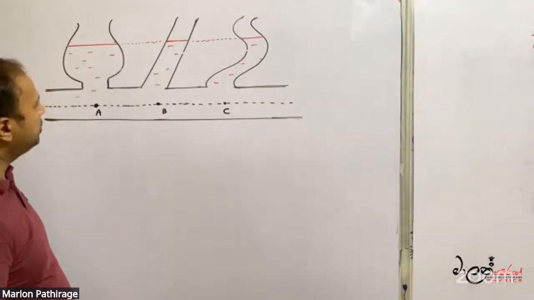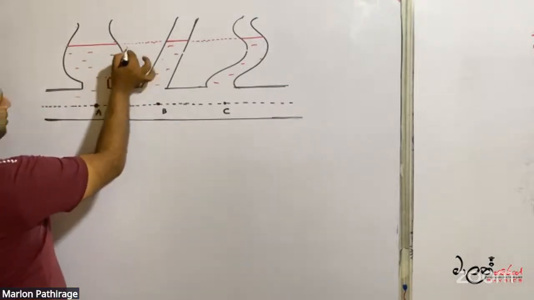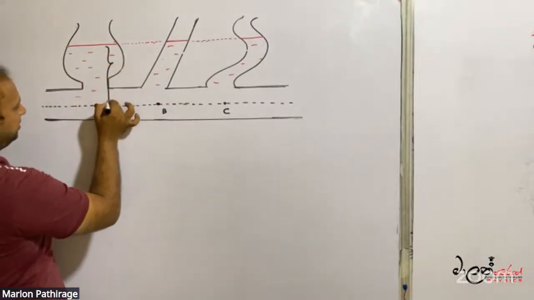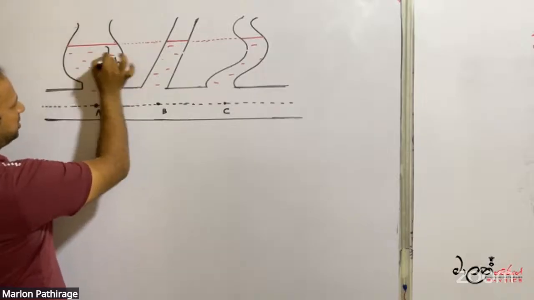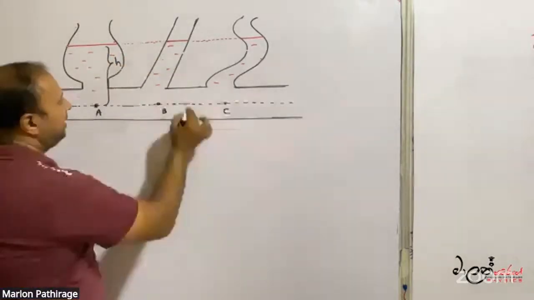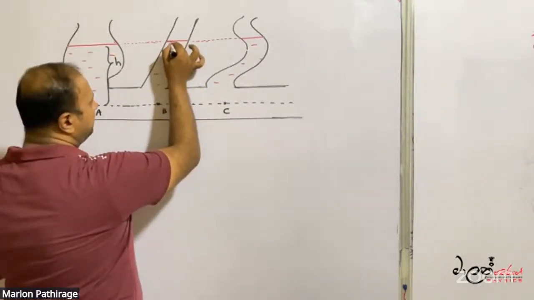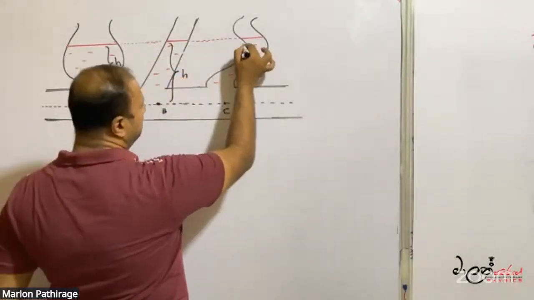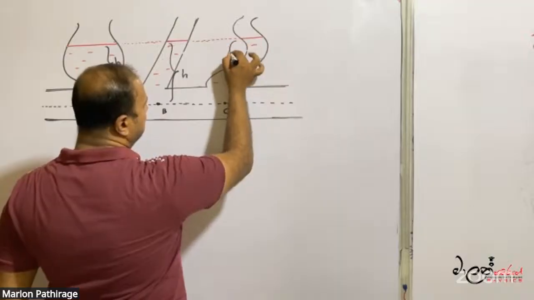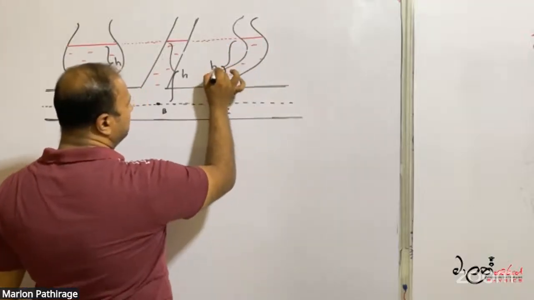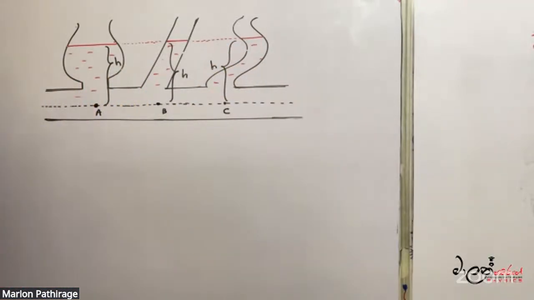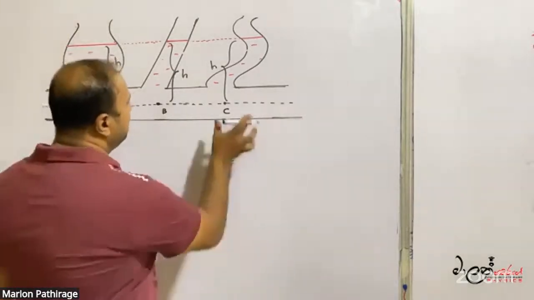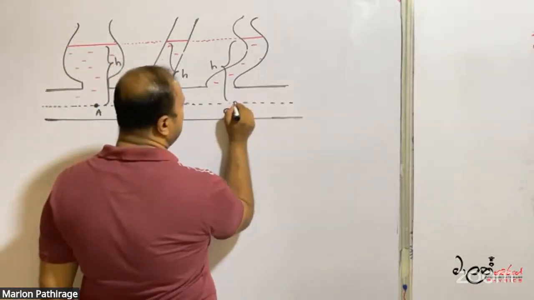So you know this height from the top surface of the liquid is equal in each case. The perpendicular height from the liquid surface is equal in each case.